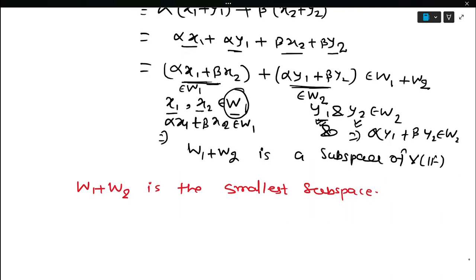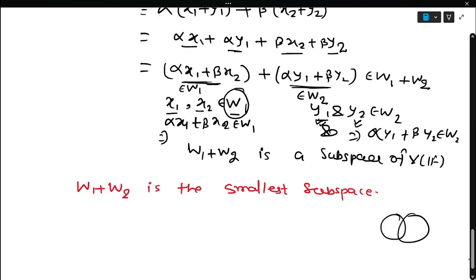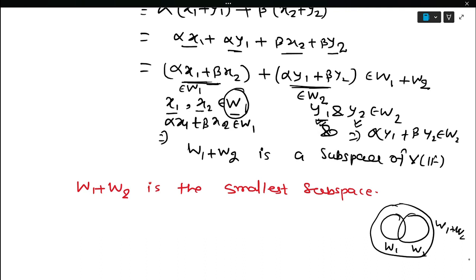If we have two subspaces W1 and W2, and another subspace W1 plus W2, this theorem tells us that W1 plus W2 is the smallest subspace containing W1 and W2.